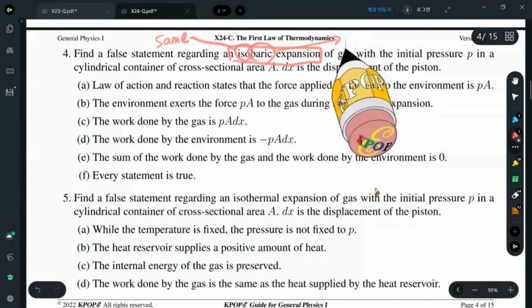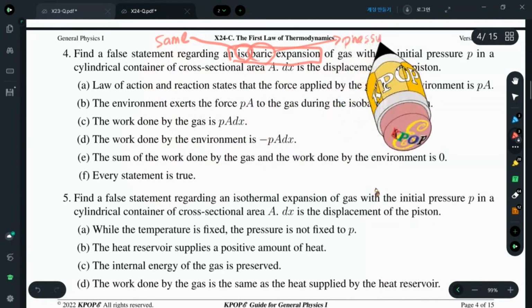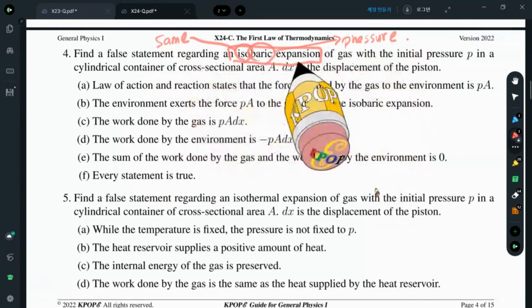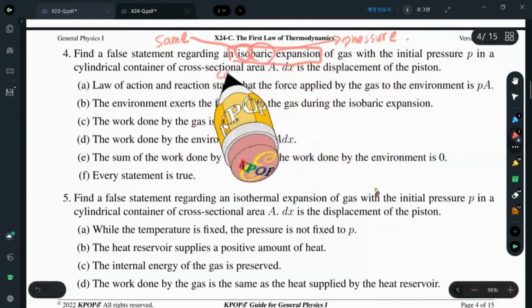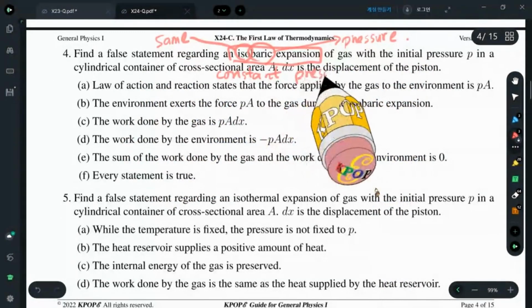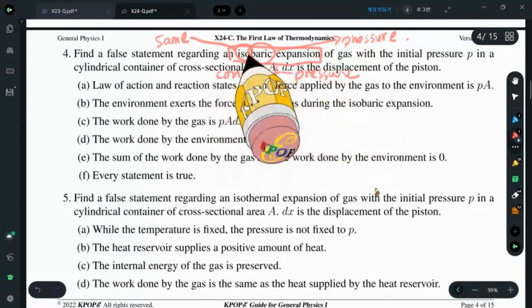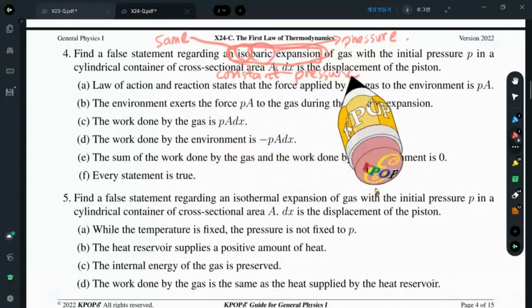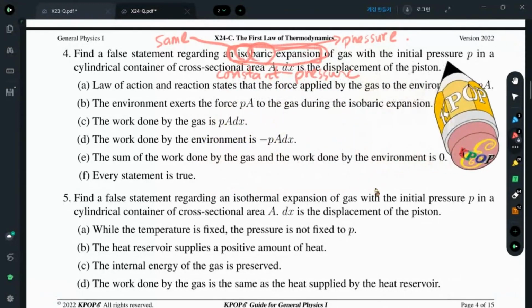Baric, same pressure. Isobaric, pressure is a constant. This is nothing but the constant pressure process. Isobaric is a constant pressure process.